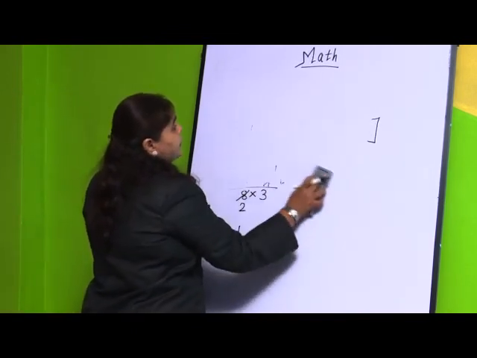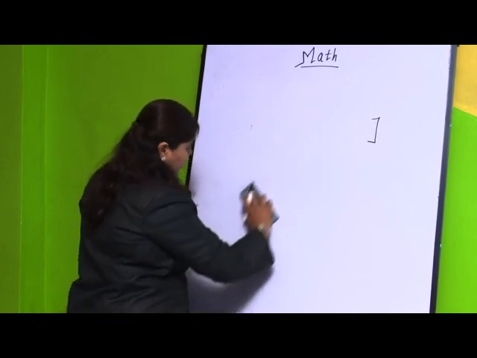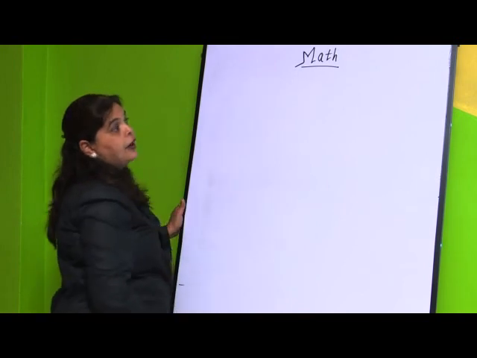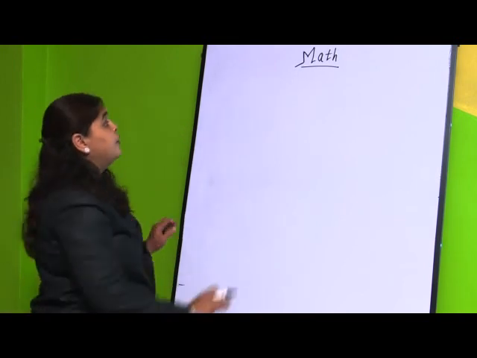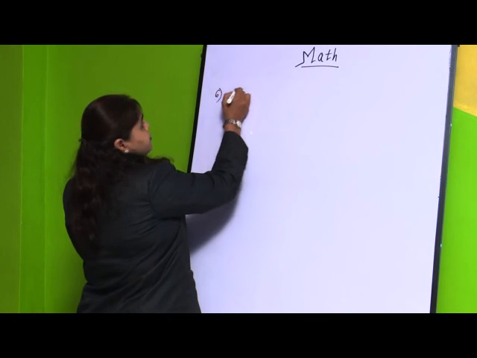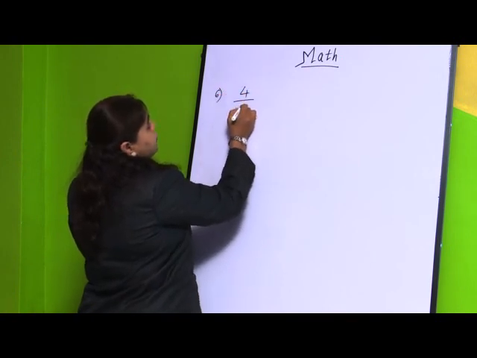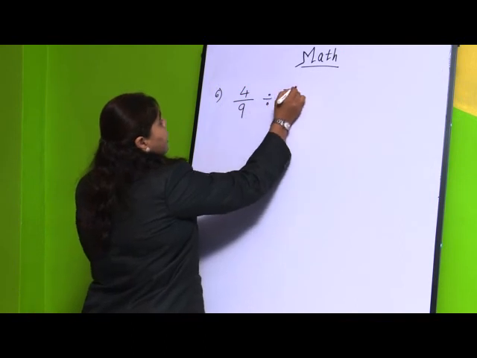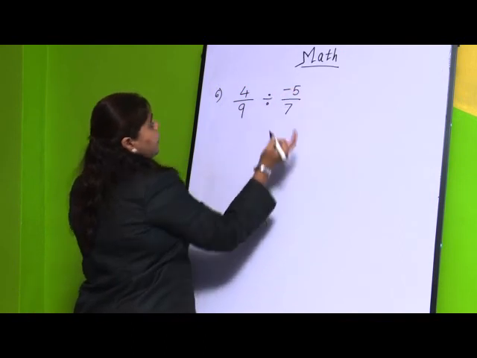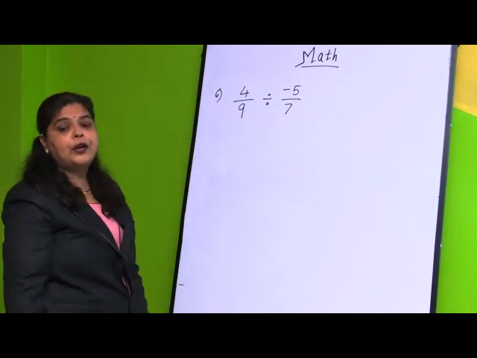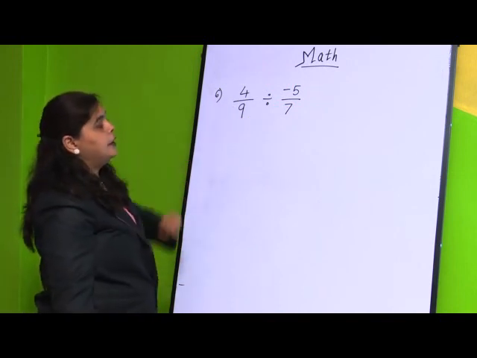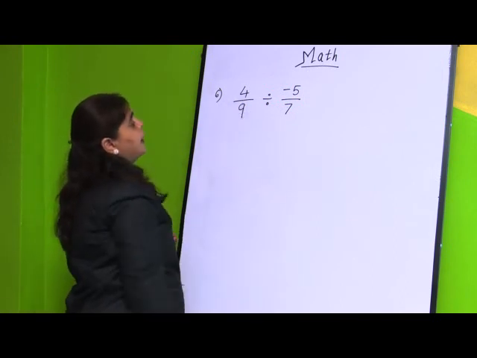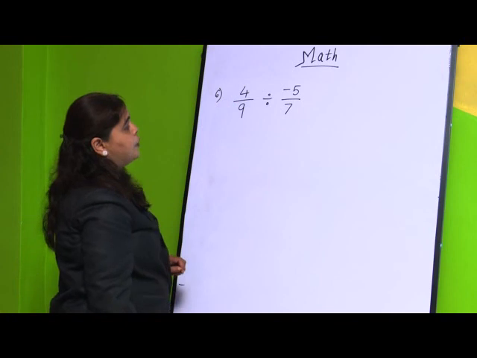Here, one of the rational numbers was a negative rational number. In the previous sum we had a negative sign in the first rational number. Now we have 4 upon 9 divided by minus 5 upon 7.